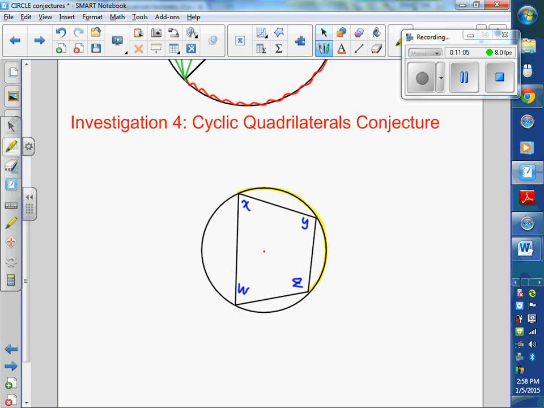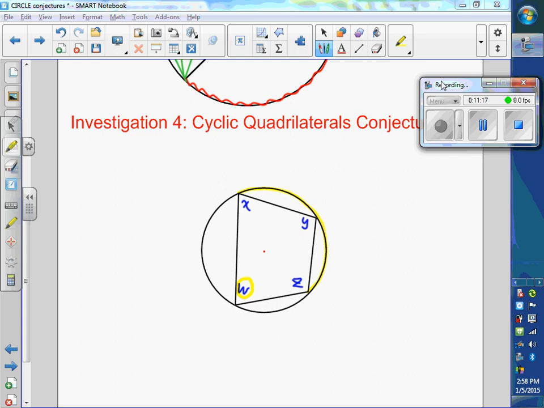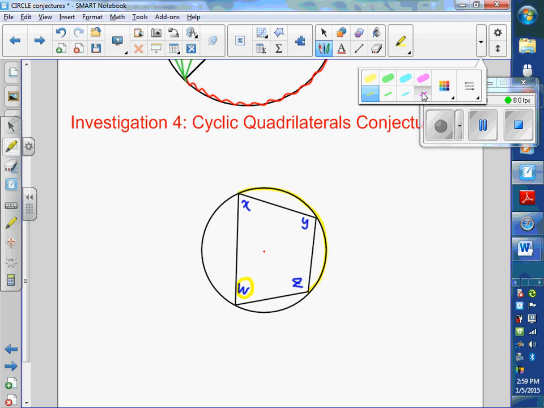Angle W intercepts the yellow arc. Angle Y intercepts this pink arc.